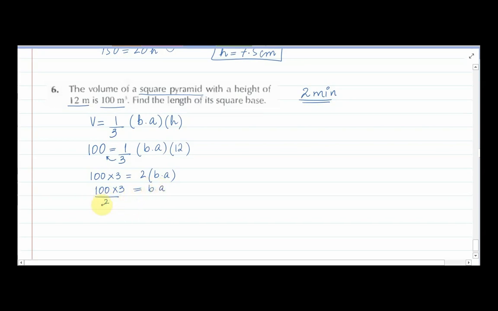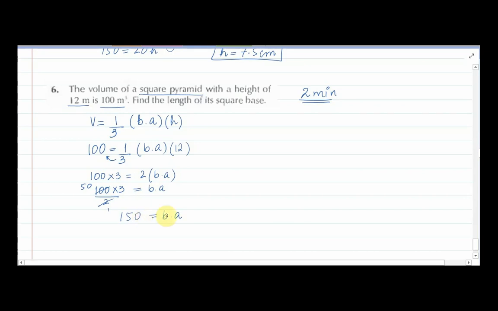Simplify the equation: 12 times 1 and 12 times... so it will be 150 is equal to base area. If you have done till now, that means you have achieved 90% of the question. Amazing job, very good.